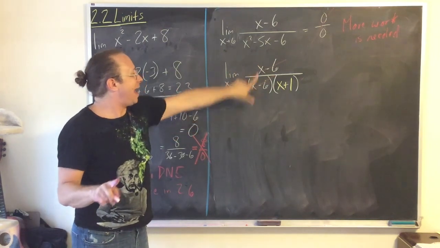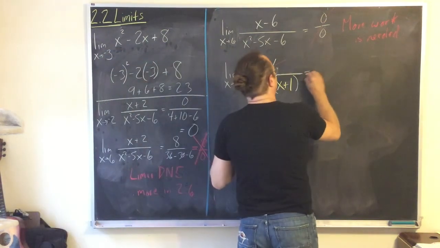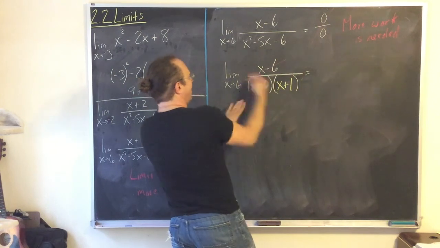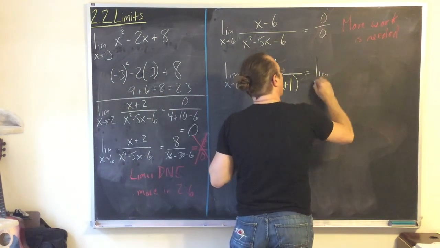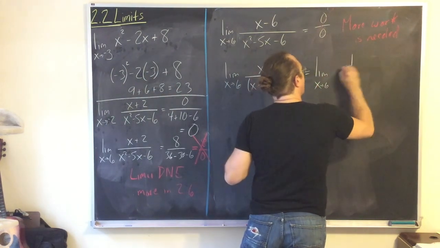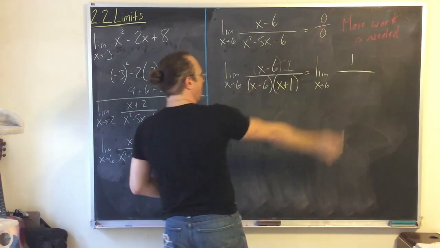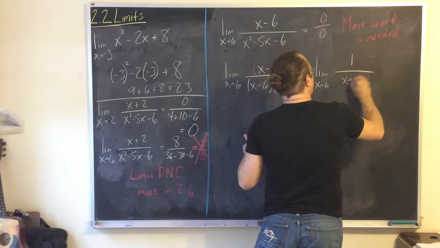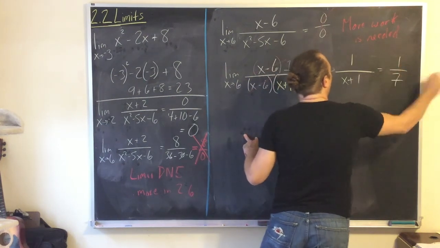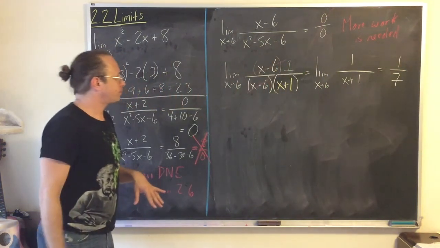So, therefore, I am allowed to factor this term out, cancel. There's still a 1 in the top because this is x minus 6 times 1. X plus 1 in the bottom, 1/7.